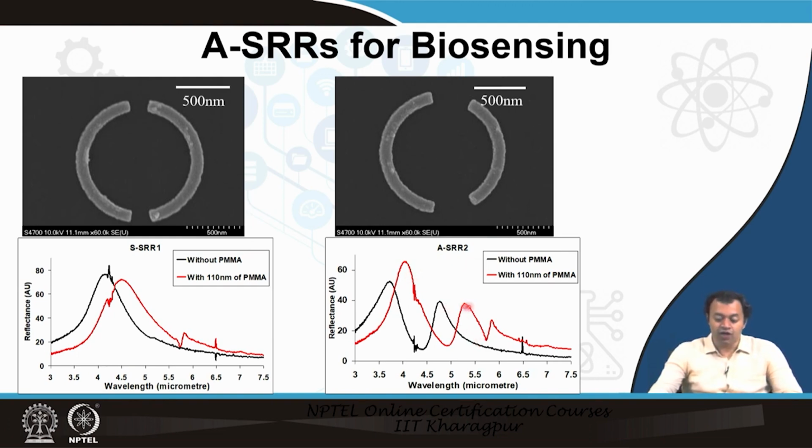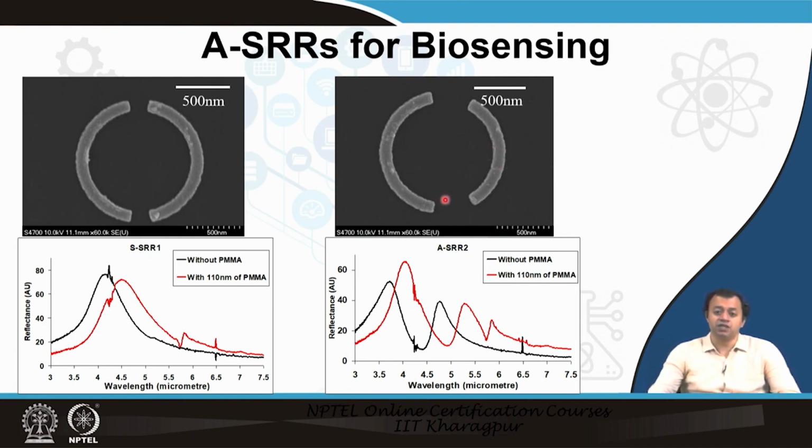How much the response has changed because of the presence of PMMA can be corroborated with the amount of PMMA present. That is your biosensing. Remember previous lectures, what exactly is biosensing? With analyte, without analyte, how the transducer will change its property. We are changing the transducer's property, where this is your transducer.